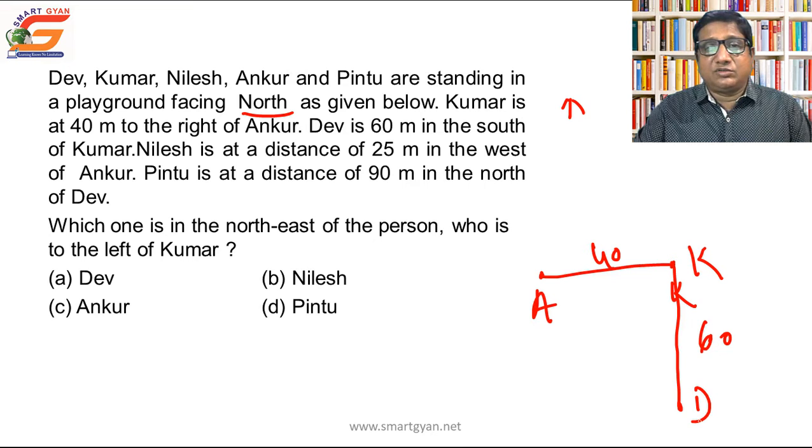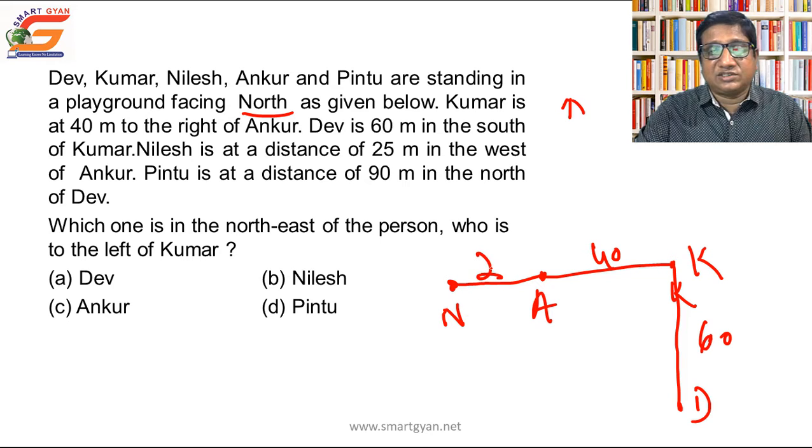Nilesh is at a distance of 25 meters west of Ankur. So this is the point where Nilesh is, and the distance between Ankur and Nilesh is 25. Pintu is at a distance of 90 meters in the north of Dev. Dev is here.